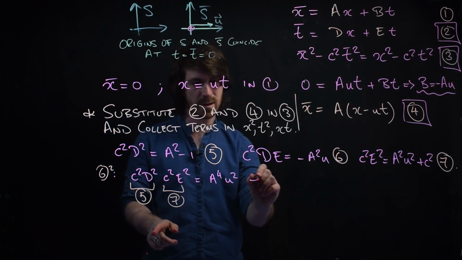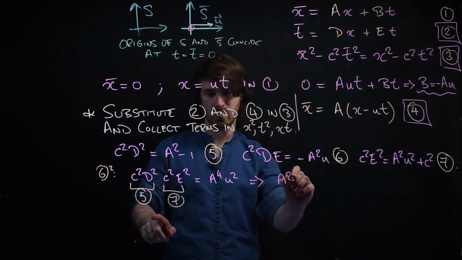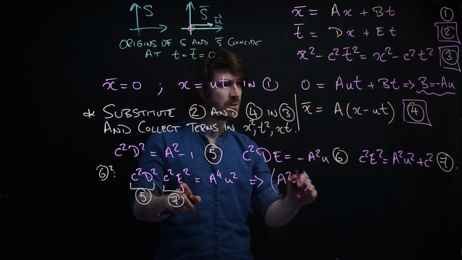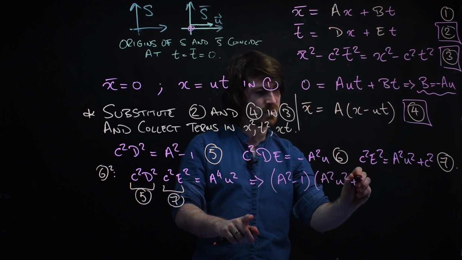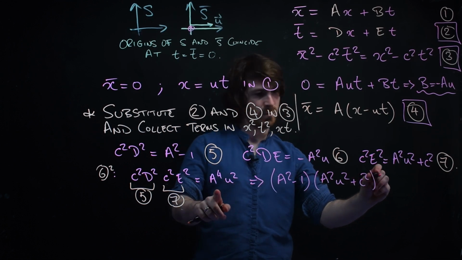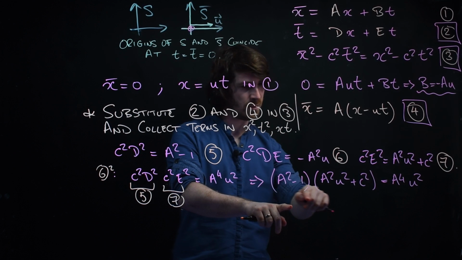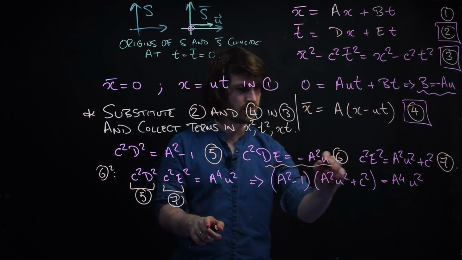So this tells us that c squared d squared is a squared minus 1, times c squared e squared, which is a squared u squared plus c squared, equals a to the power 4 u squared. So this is an equation just in terms of a, so this will give us what a is.